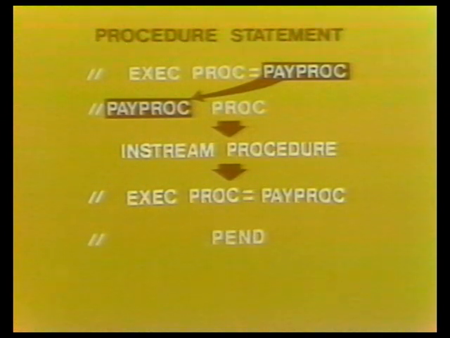Both in-stream and cataloged procedures can be difficult to write because they are advanced capabilities of JCL. You should defer writing any procedures until you are proficient in the rest of the language. However, using cataloged procedures can simplify your job. You should do this when you can.